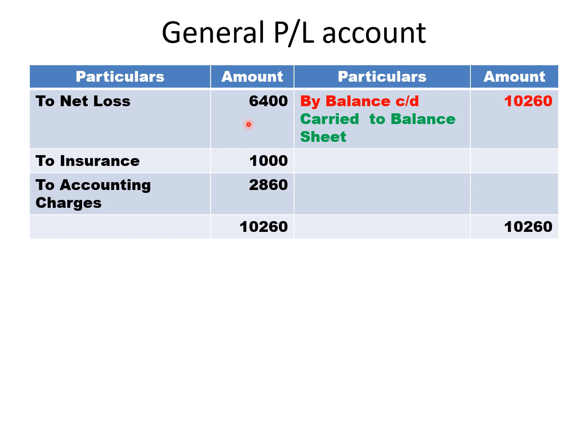So bring down the net loss from the departmental account. Insurance and accountancy charges cannot be distributed, so take them to general PL account. So the total of the debit, the balance will be carried to balance sheet. So 10,260 is the final amount to be taken to the balance sheet. So this completes the problem. Let us go to the next question.